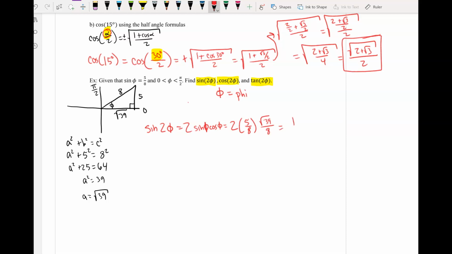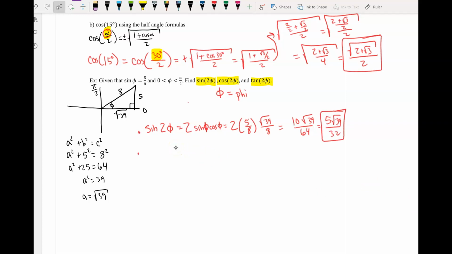So this is going to give me 10 square root of 39 divided by 64. And I think you can reduce that a little bit. 10 over 64, that gives me 5 over 32. So 5 square root of 39 over 32. So this guy will be the sine of 2 phi.